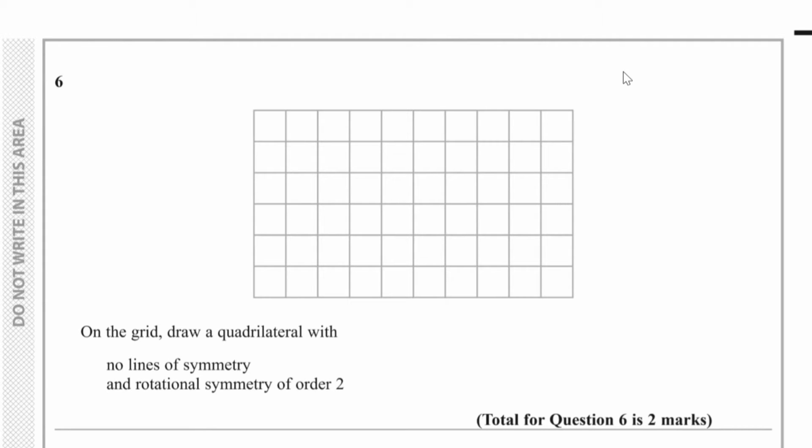Question number 6. On the grid we have to draw a quadrilateral with no lines of symmetry and rotational symmetry of order 2. Well, what we could have is a parallelogram that's not a rectangle or a rhombus, such as the one we see here.